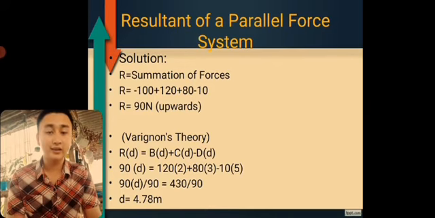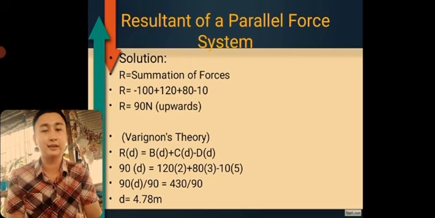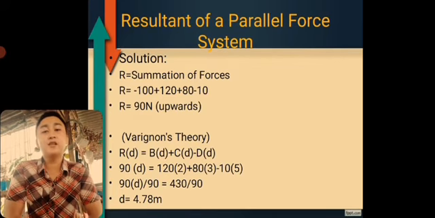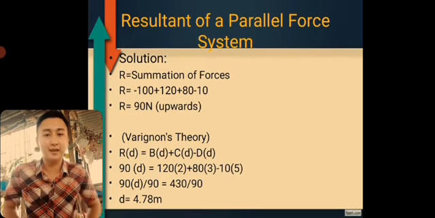Let's cancel out 90, so the distance equals 430 divided by 90. To calculate that, distance is equal to 4.78 meters.